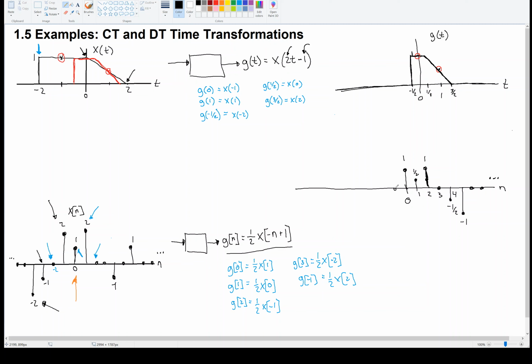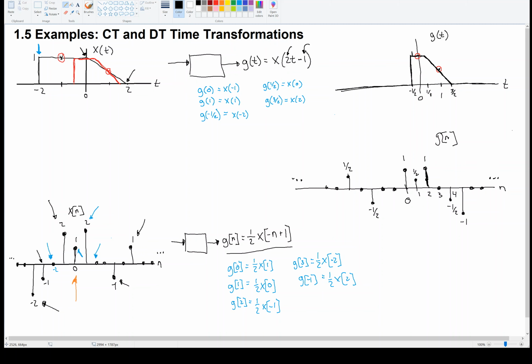So I get a 0 here, and I'm going to get a 0 here, and then I'm going to get 1/2 of this sample, -1/2, and then a 0, and then 1/2 of this sample. This is what I've got. This is g of n.